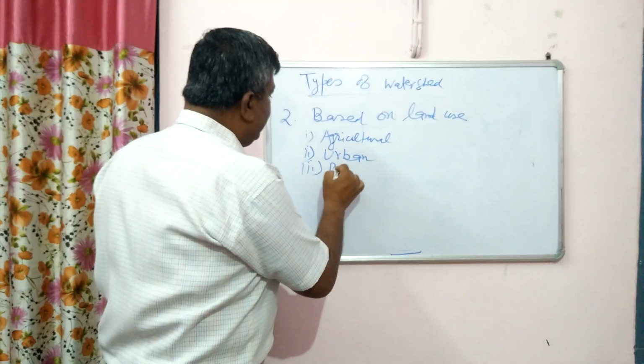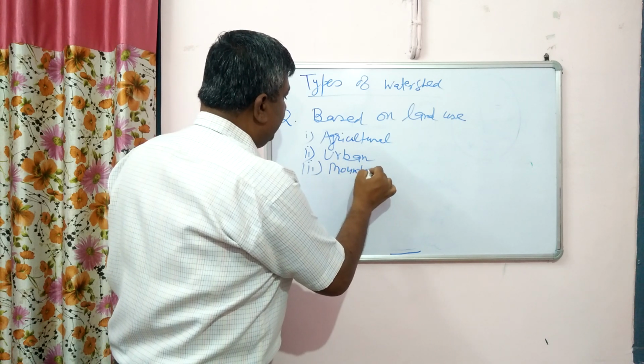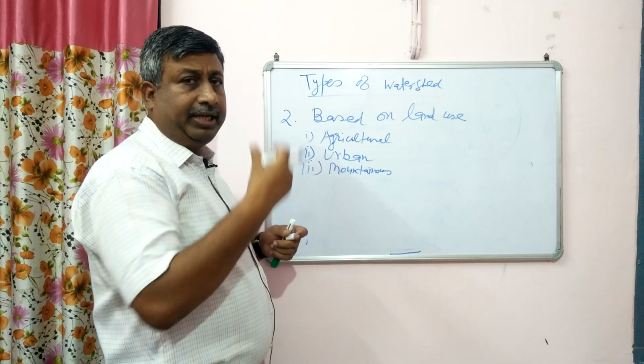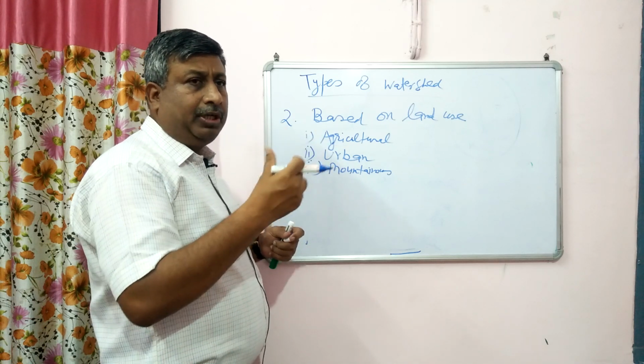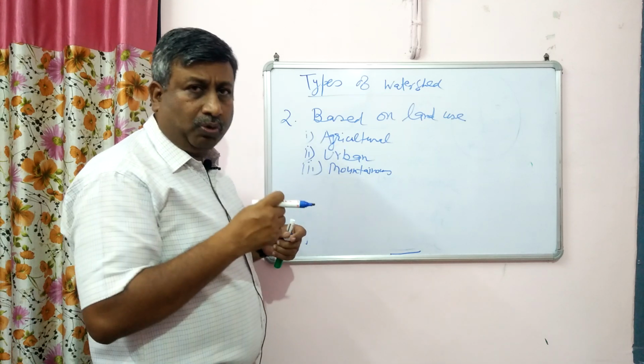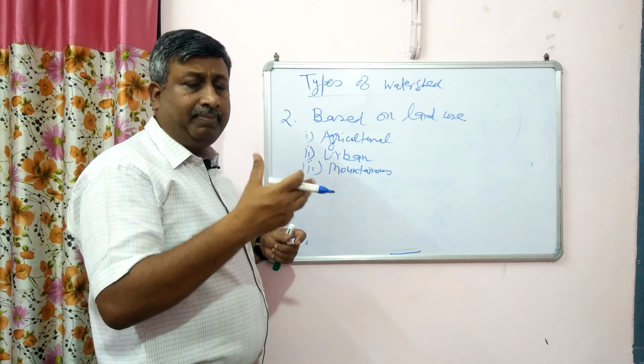Third may be mountainous. Mountainous means the watershed on mountain region. So hill is there, slope is there. So in mountainous watershed, most of the precipitation is in the form of snow. If there is snowfall, then melting is there.